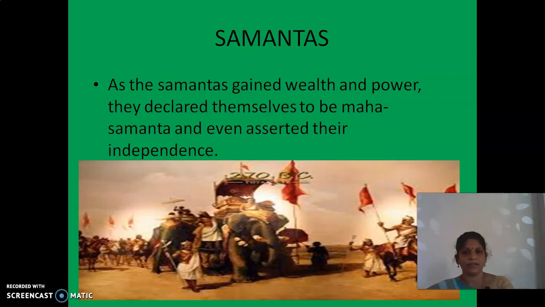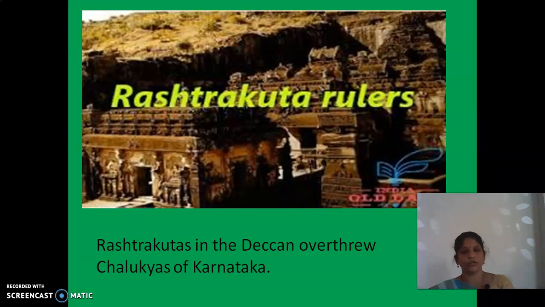As the Samantas gained wealth and power, they declared themselves Mahasamantas and even asserted their independence. If they got power, they themselves called themselves kings. Like that, a dynasty emerged, the Rashtrakutas. The Rashtrakutas were Samantas under the Chalukya kings in Karnataka.